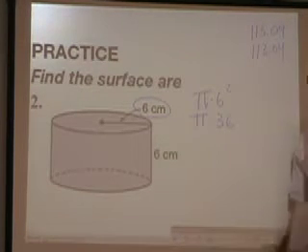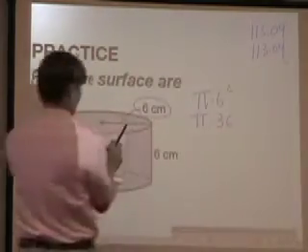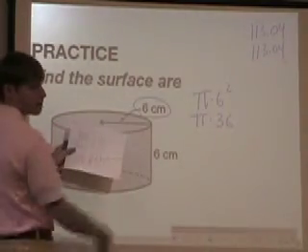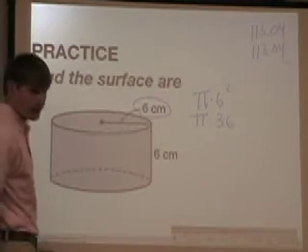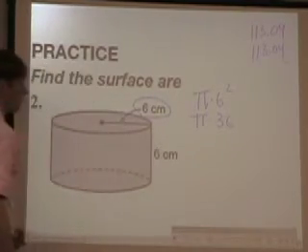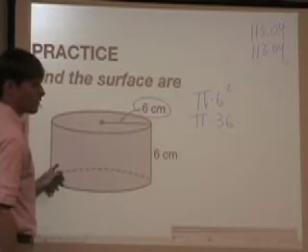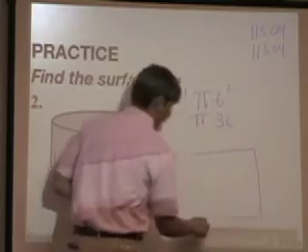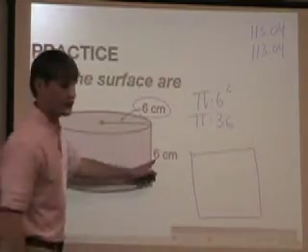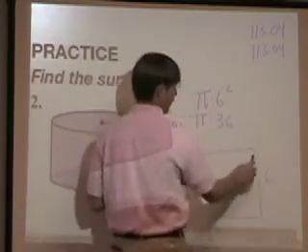Now the last thing we got to do is take this circle that's raveled up and unravel it into a rectangle. Because we don't know how to find the area of this, we know how to find the area of a rectangle. First, let's draw this. And what's my height? 6. But what I don't know is this.